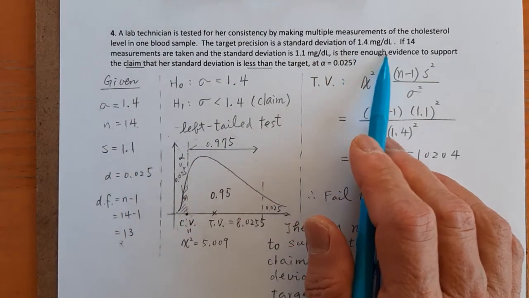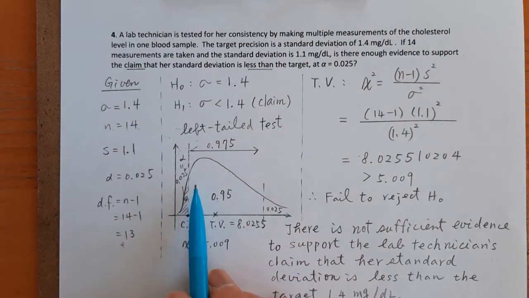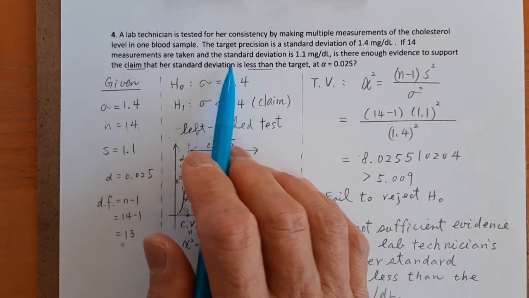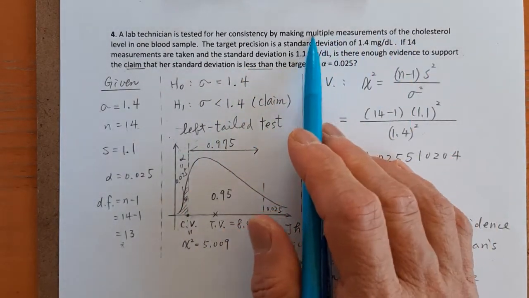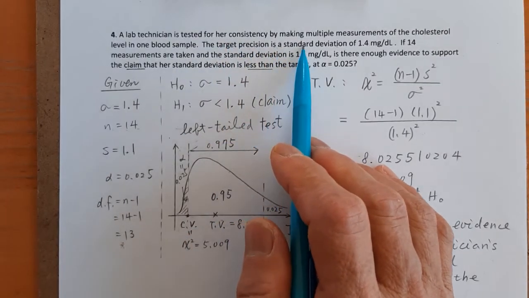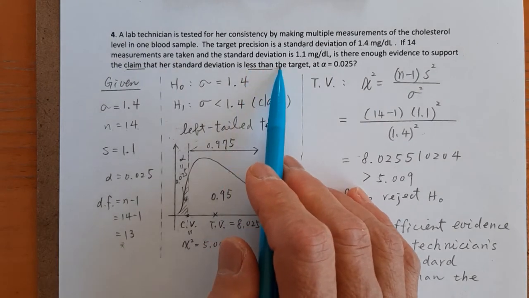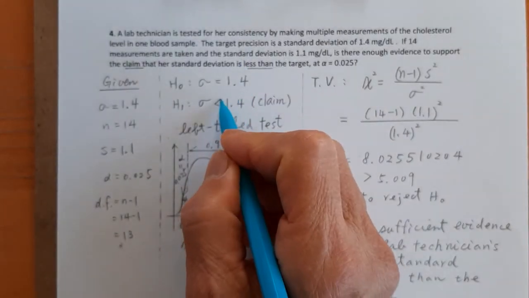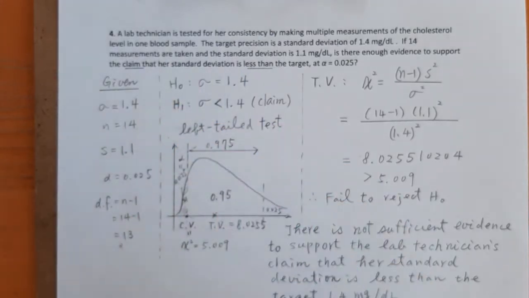Is there enough evidence to support the claim? What's the claim? That her standard deviation is less than the target. The target precision is standard deviation 1.4. Now we want less than. So if I have a less than symbol, it goes to the alternate hypothesis, right?